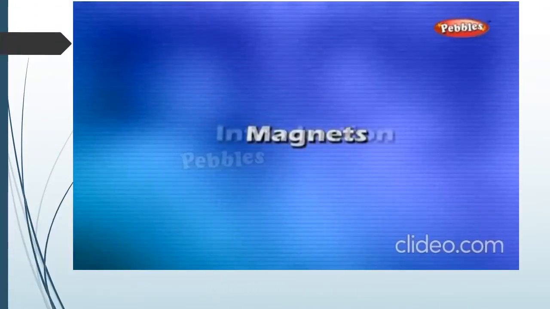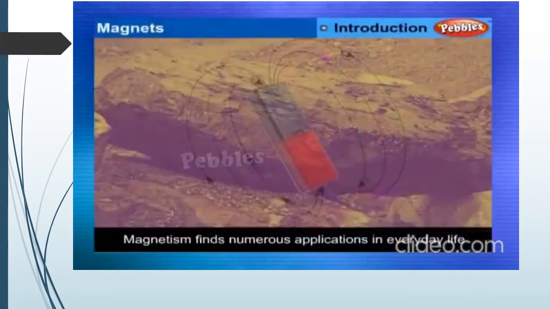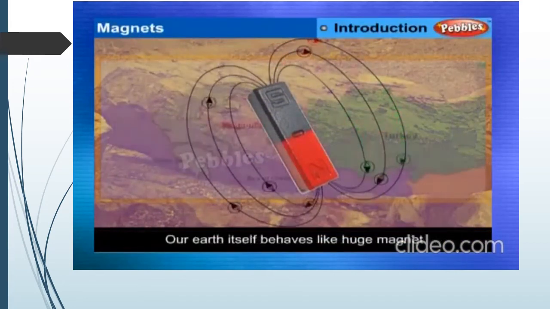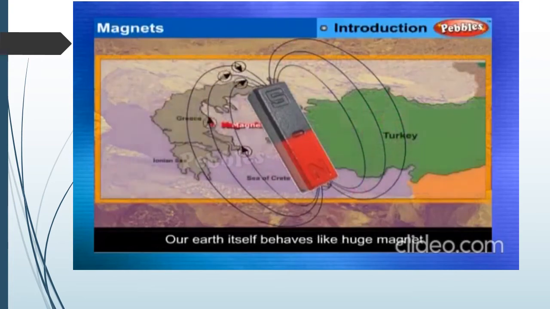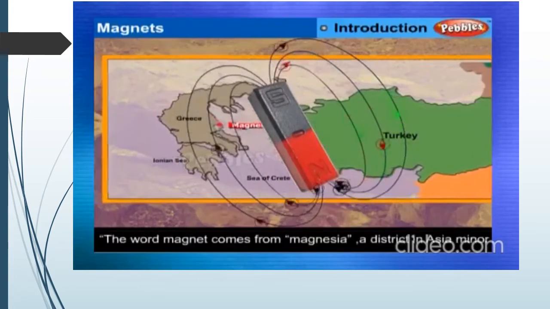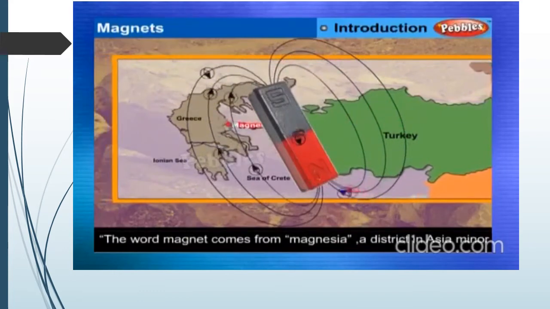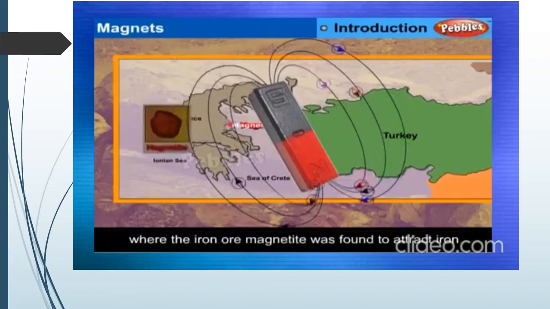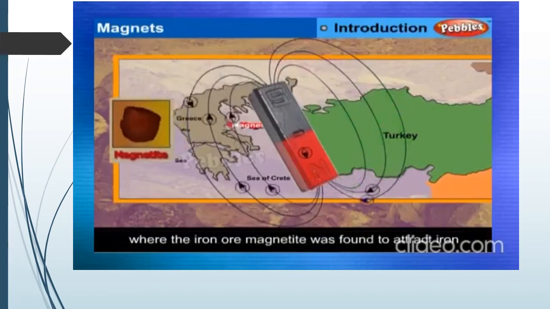Magnets. Introduction. Magnetism finds numerous applications in everyday life as well as scientific research. Our Earth itself behaves like a huge magnet. We shall get ourselves attracted to the magnets. The word magnet comes from Magnesia, a district in Asia Minor where the iron ore magnetite was found to attract iron.